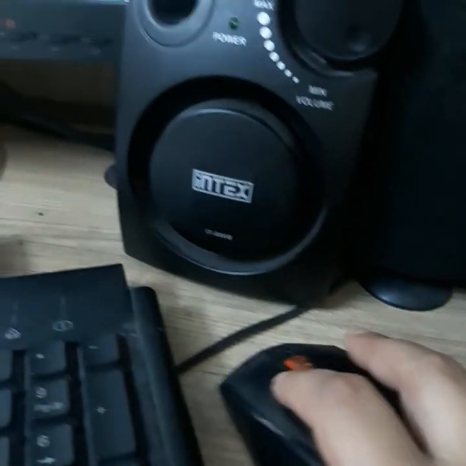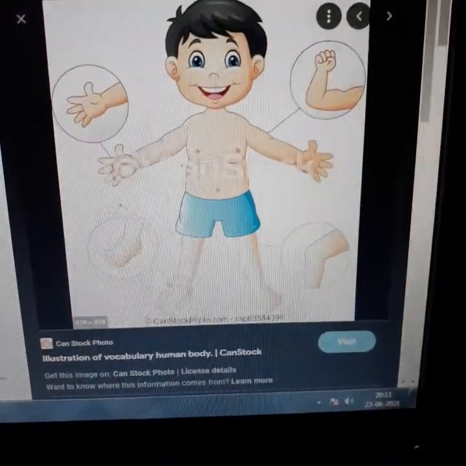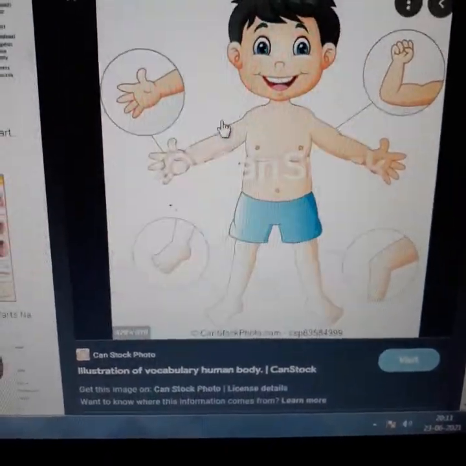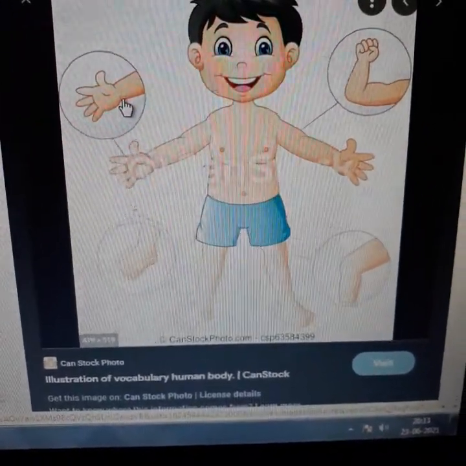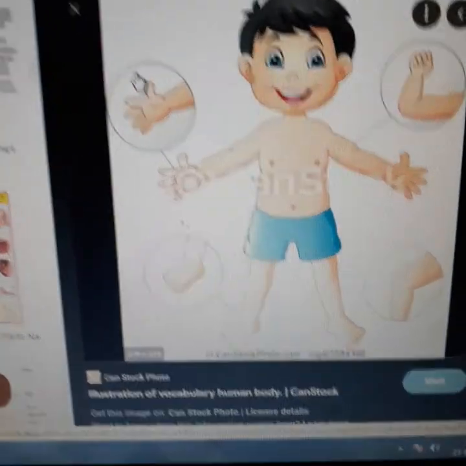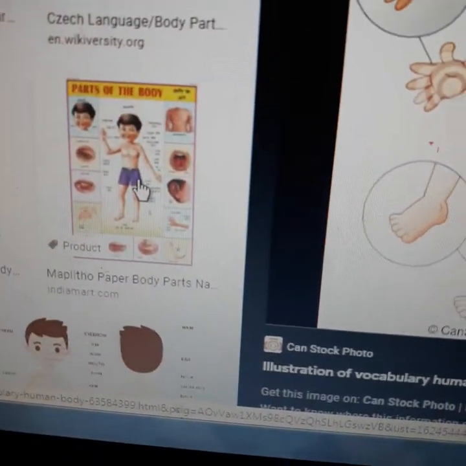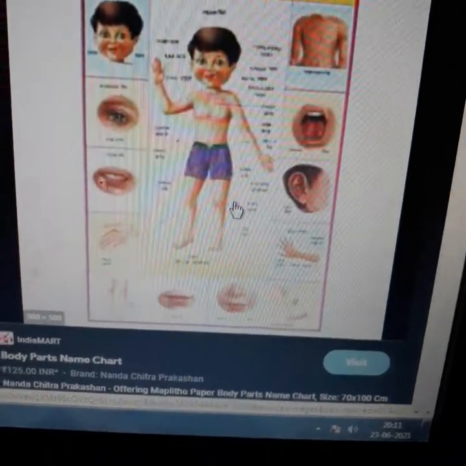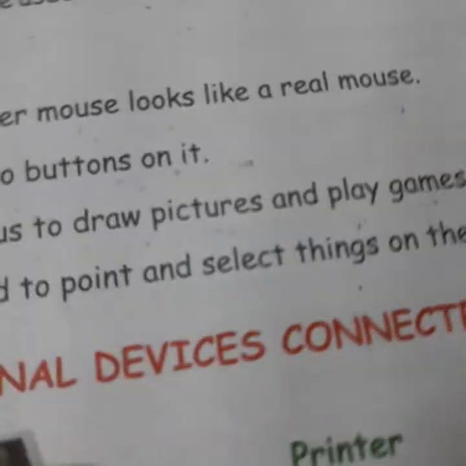I am doing it with the help of the mouse. I am moving the mouse, and in the same way the arrow is moving. So this is the function of the mouse, to point at something and to select something. Now I want to select this picture, so I will click this picture. I have selected it. Okay, so these are the functions of the mouse.